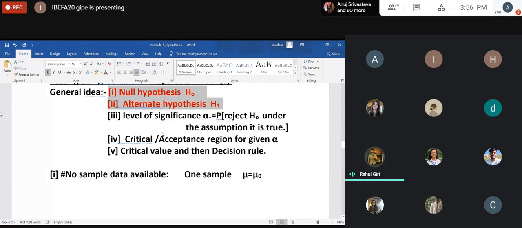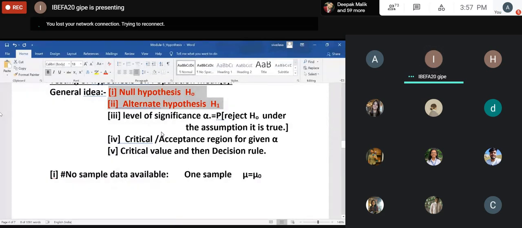That 40% of customers are South Indians. What is the alternate hypothesis? That it is either less than or more than, or it is not 40. So how many possibilities for the answer? 3. Less, more, and not equal. Equal, less than, or greater than. But one of them is true. Searching that is called testing of hypothesis.